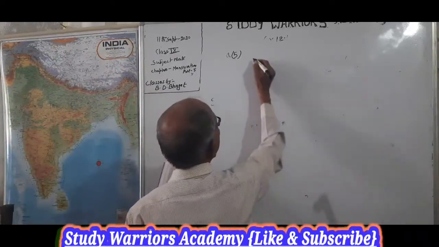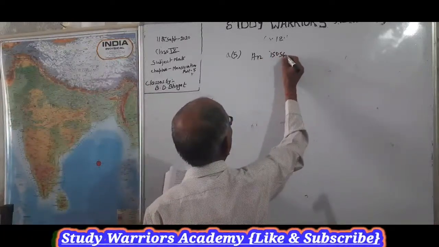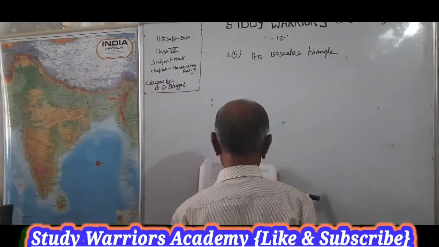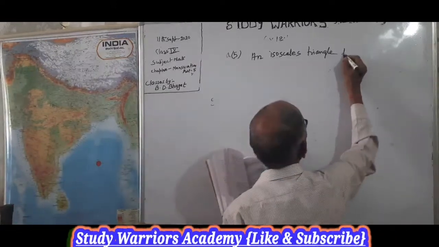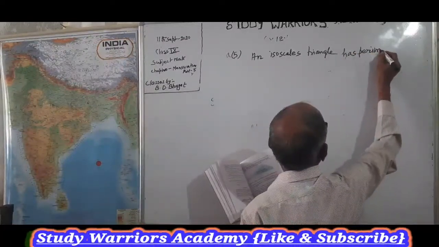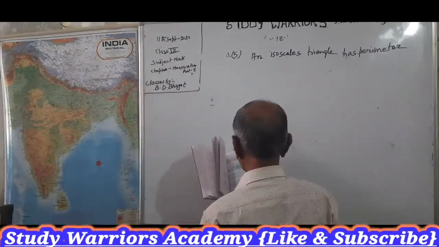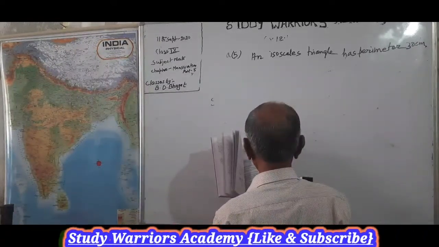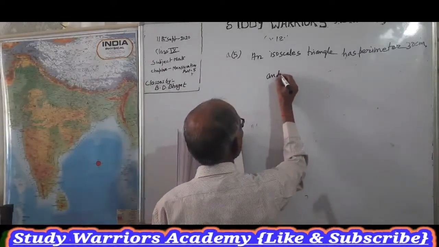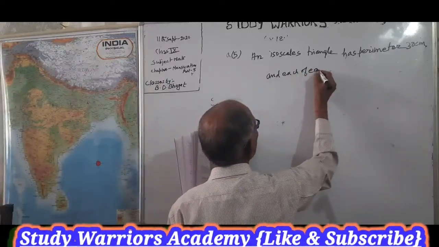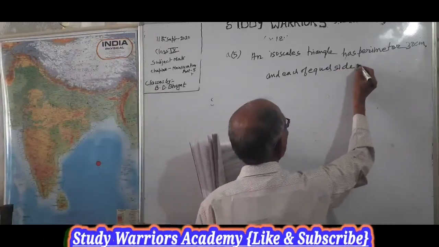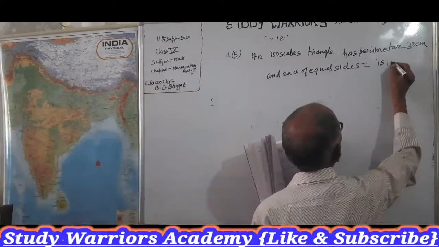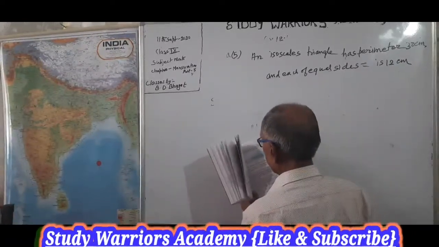An isosceles triangle has perimeter 30 centimeter, and each of equal sides is 12 centimeter. Find the area of the triangle.